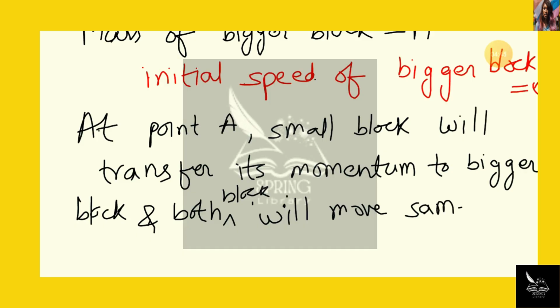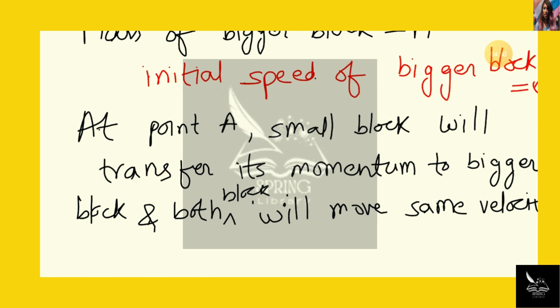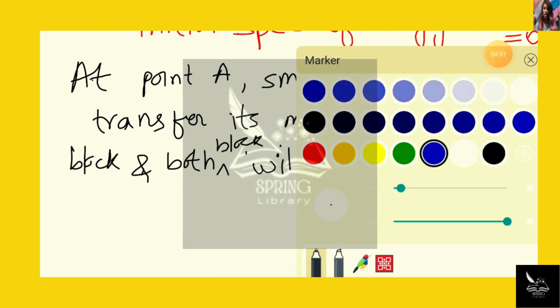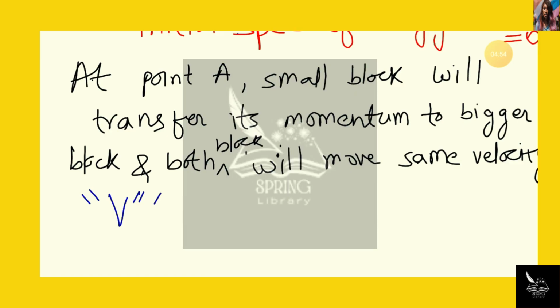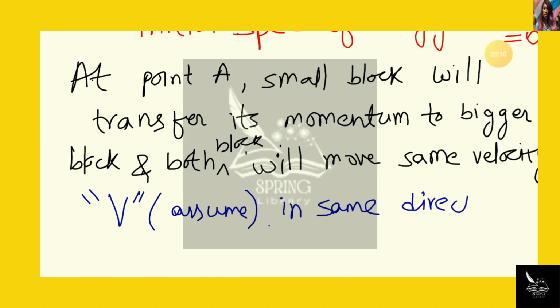Consider that velocity to be capital V, and the direction will be the same direction in which the small block is reaching point A, or the same direction as small v.